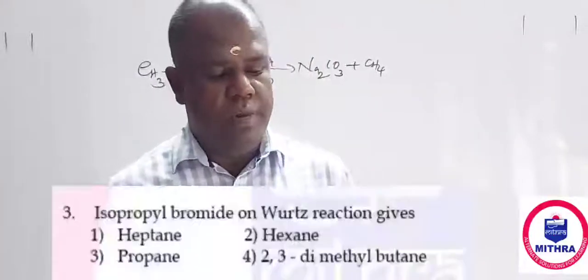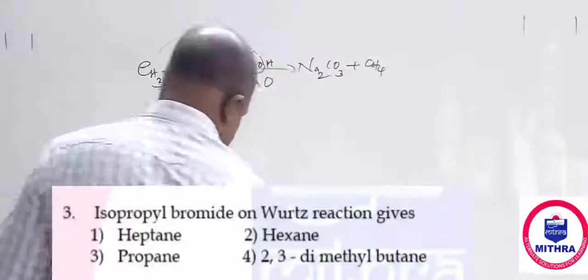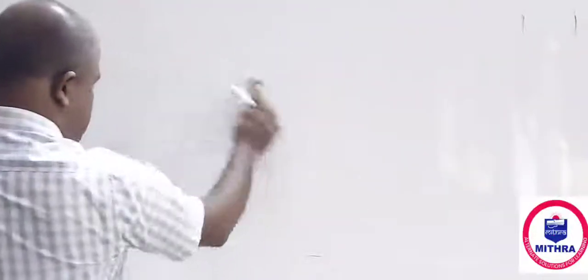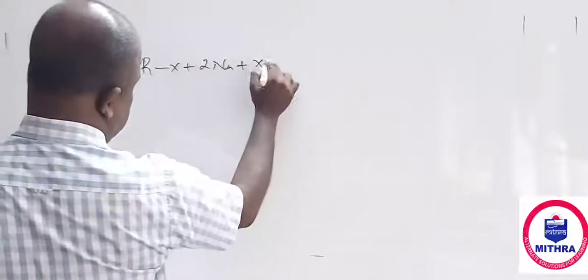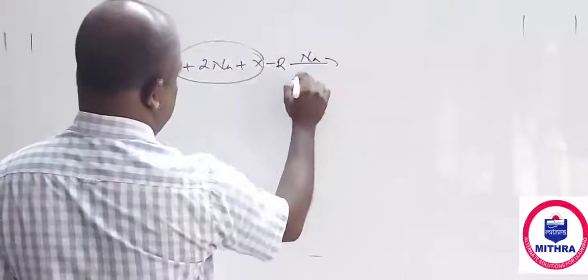Okay, isopropyl bromide by Wurtz reaction. You know what is Wurtz reaction? Whenever you are learning Wurtz reaction, study in this pattern. RX gives R-R. Actually RX plus 2Na plus RX gives, in presence of metallic sodium, ether.